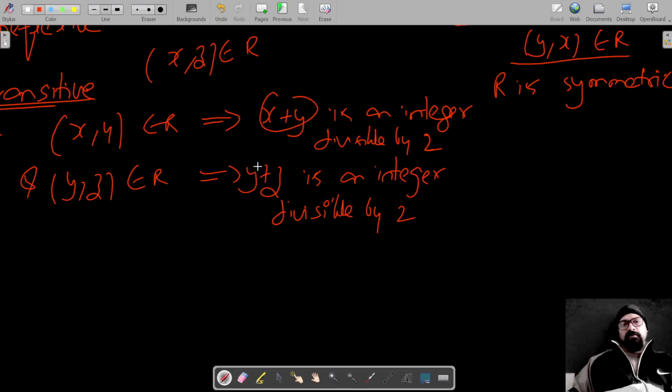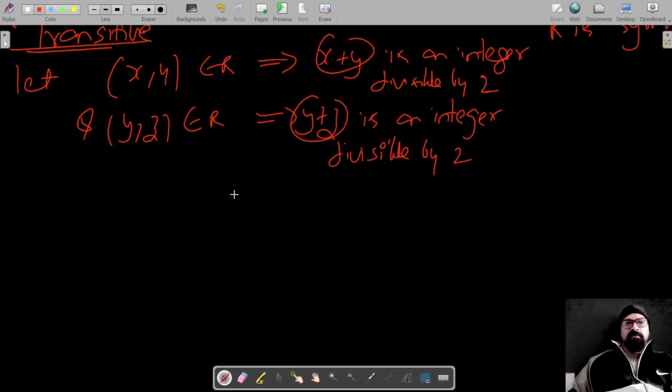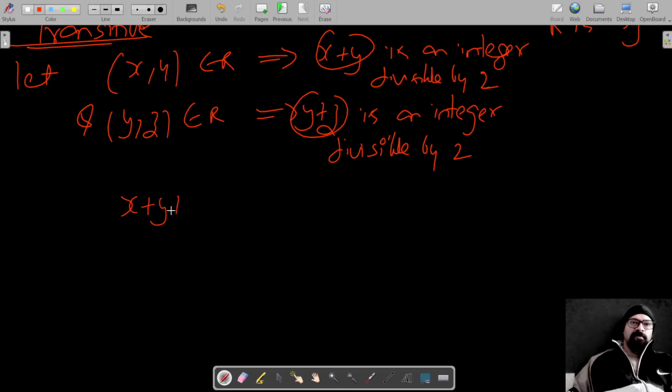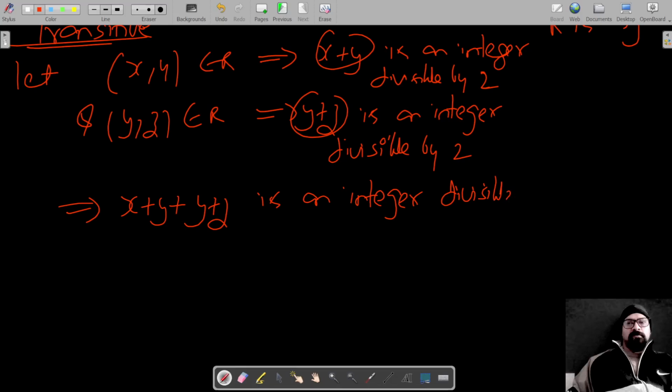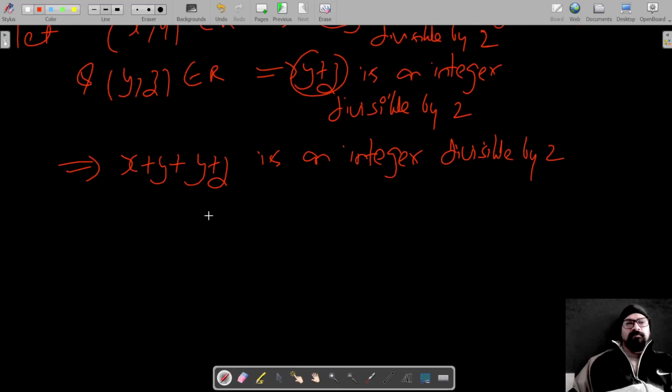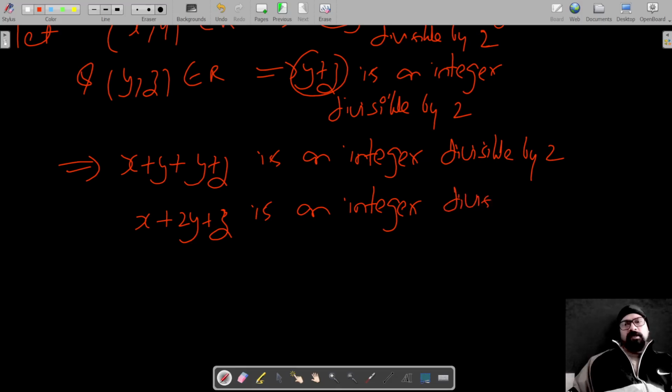If both are divisible by 2, that means their sum, x plus y plus y plus z, is also an integer divisible by 2, which gives x plus 2y plus z is an integer divisible by 2.